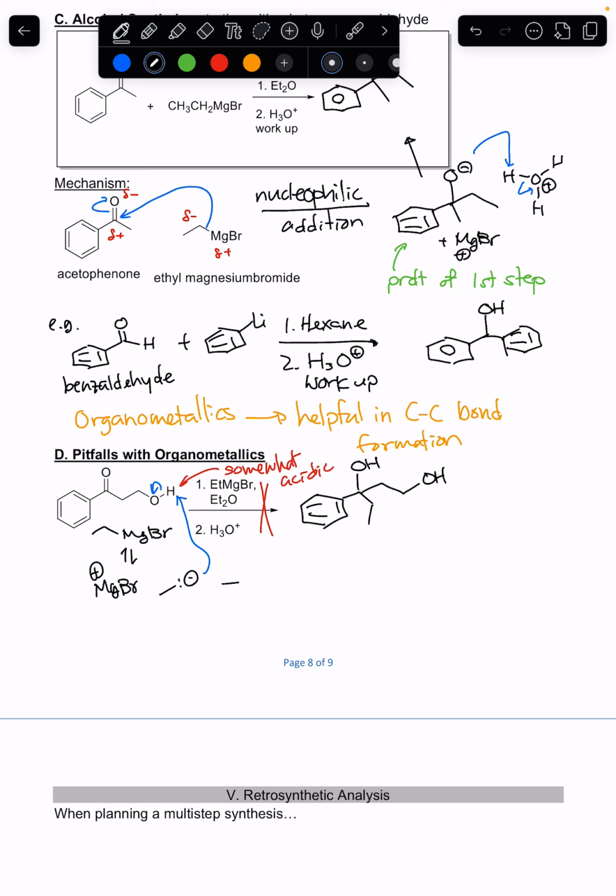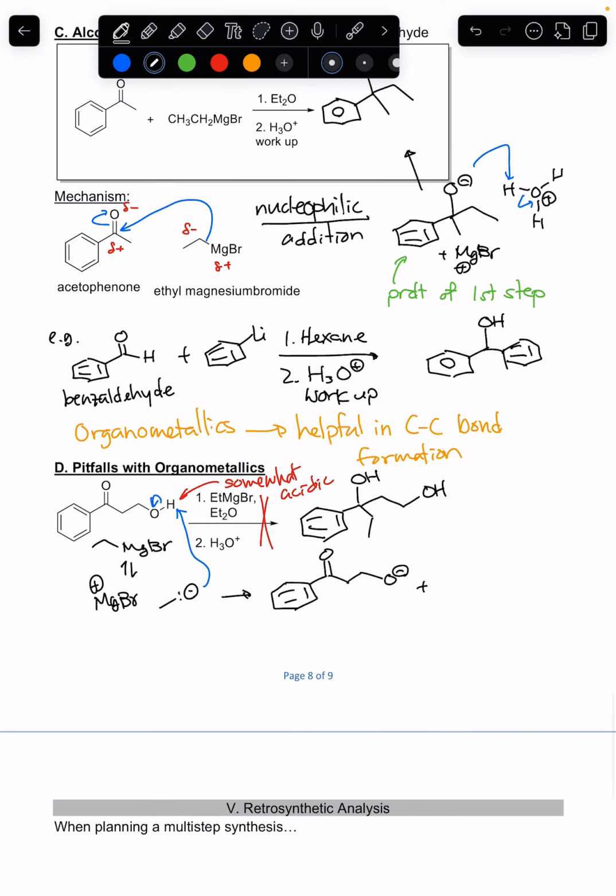Well, you would get this alkoxide, and this ethyl group would pick up a proton, and I hope it makes sense to you. It becomes ethane. This carbon had an anion, and now it picked up a proton. I hope that makes sense.